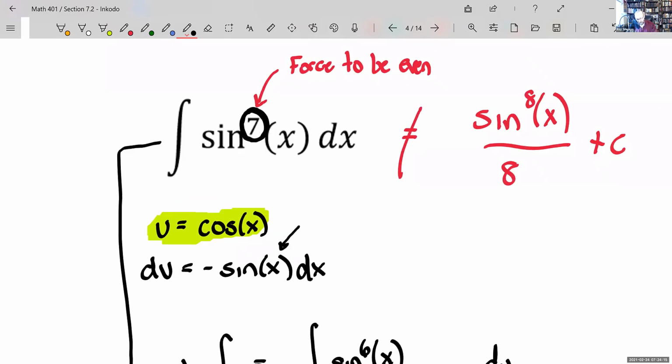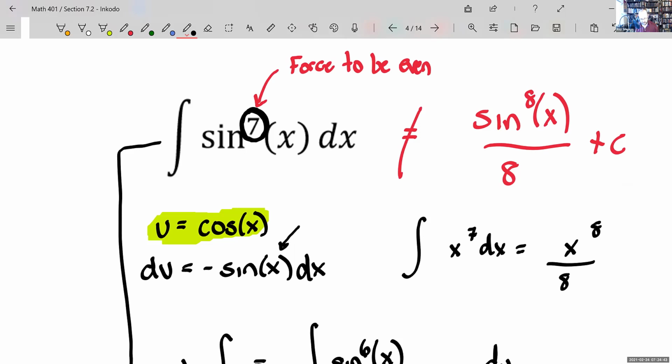People love to think that the integral of anything to a power is going to be that thing to the power plus one over the power plus one. That is not true. That only works if that something was an x. That's the only time you can do that. So please do not use that when you have sine to the seventh or natural log to the seventh, or anything to the seventh other than x.